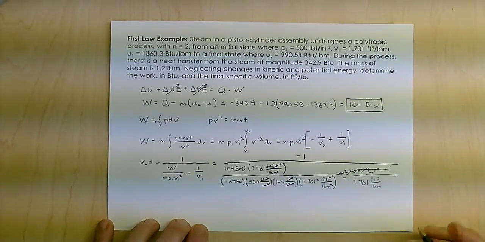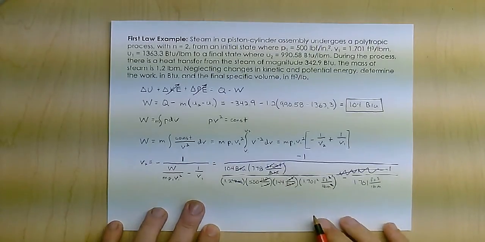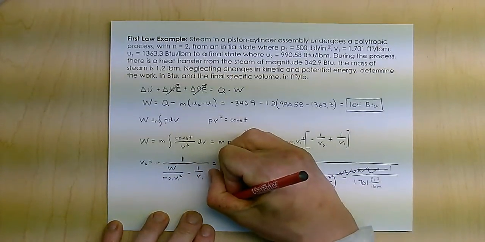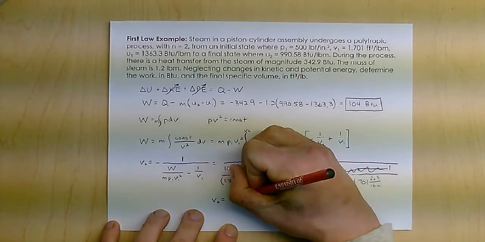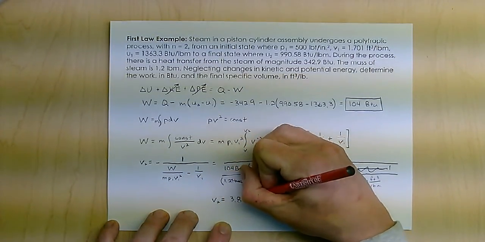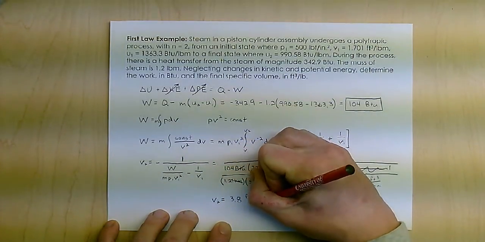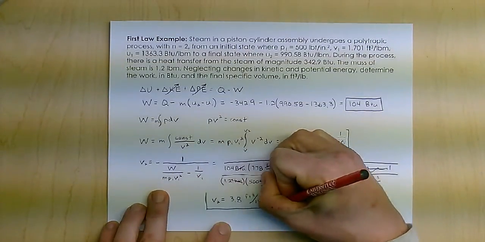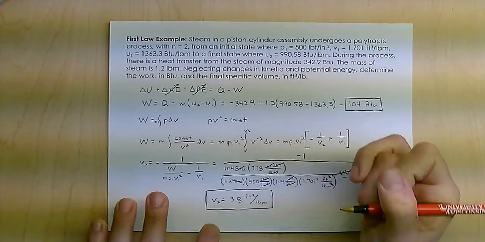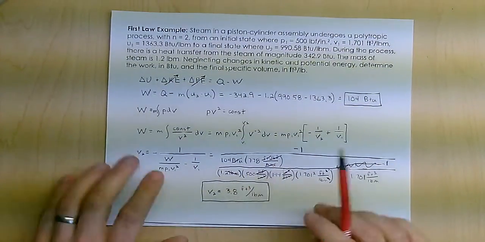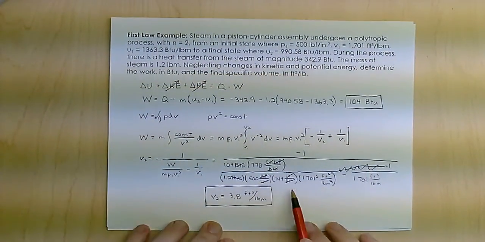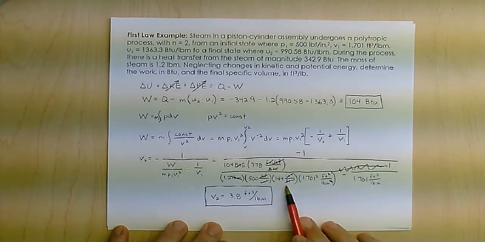Okay. So plugging all that into a calculator, now that I know my units are working out, I calculate that V2 is 3.8 cubic feet per pound mass. Now, the units are going to be a nightmare throughout the semester. Just be careful. You'll get used to it. But again, I'm converting from BTUs to foot-pounds, and converting from PSI to pounds per square foot.